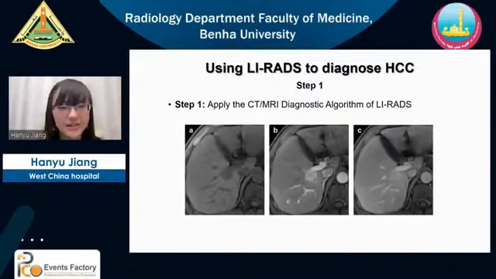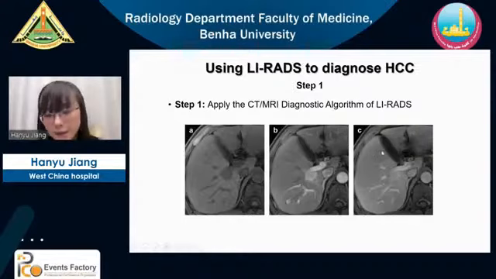So look at this patient. This is the pre-contrast image of this patient with chronic hepatitis B virus infection. B refers to the arterial phase images, while C is the portovenous phase image.